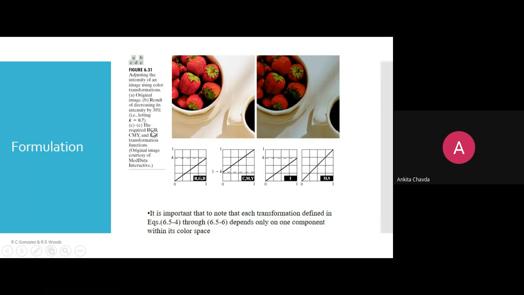Now the required RGB, this image is, I mean, from C to E, this is what the required RGB, CMY and HSI transformation functions, whatever the model you are using based on that. So if suppose we will talk about this RGB, whatever the value is for this K, that will be reduced by 30. If this is representing the value of K 0 to 1, now that value is at 70%, right? 0.7.